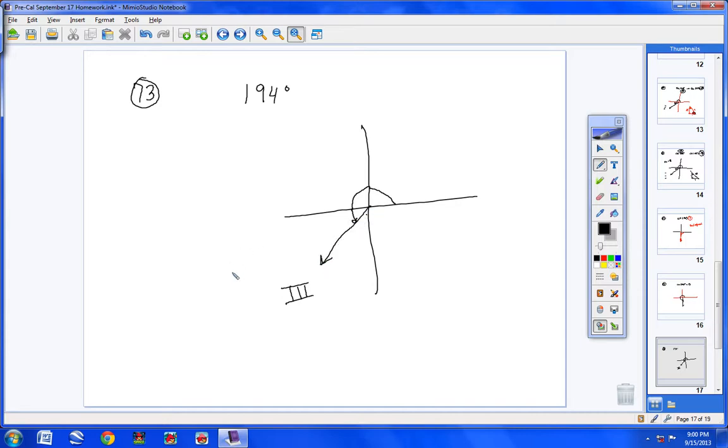Now the sign sequence is negative, negative, positive. So that simply means that the sine of 194 would be negative, the cosine of 194 would be negative, and the tangent of 194 would be positive. I think they said to find all 6. Yes, they did. This is really easy though, guys.